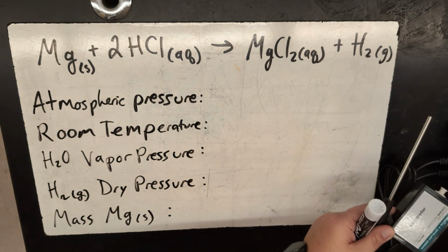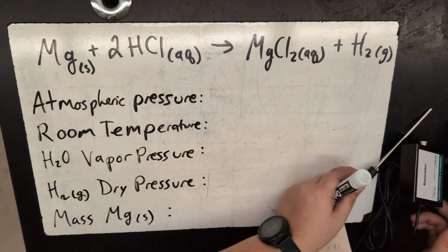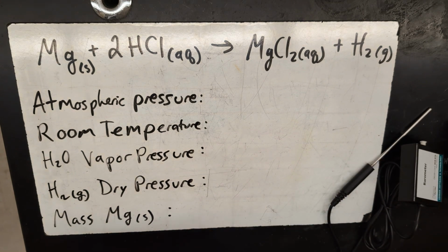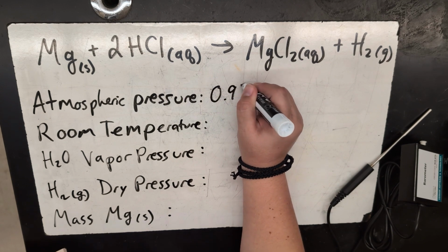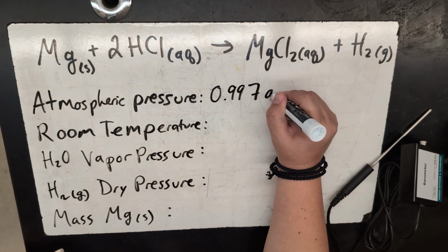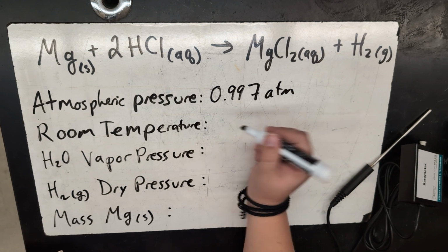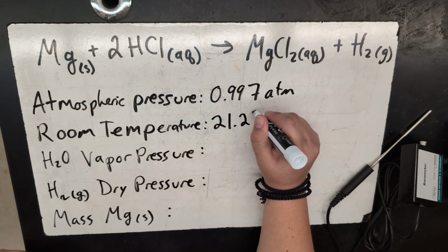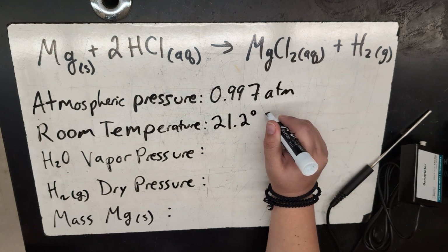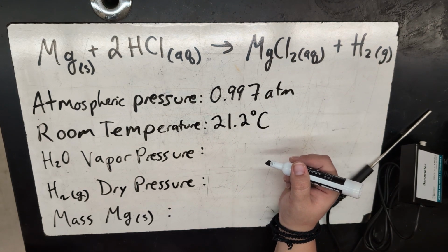Now, if you don't have probes like this, the lab still works great. You can look up the atmospheric pressure where you are just online. And you can use your classroom thermostat or a regular old alcohol thermometer to figure out the room temperature.